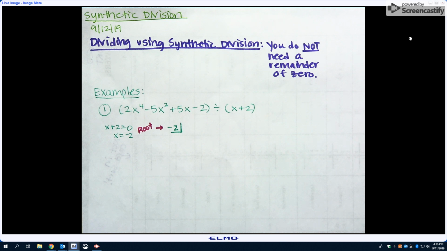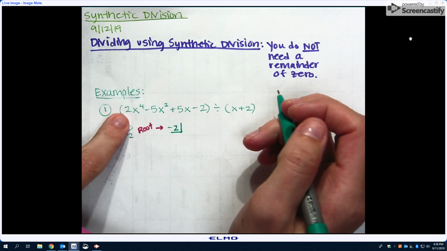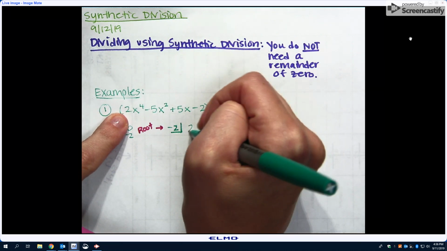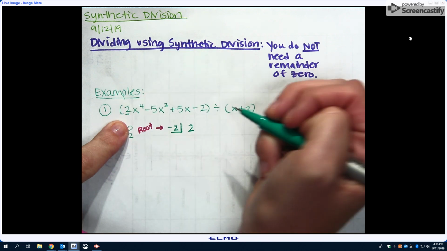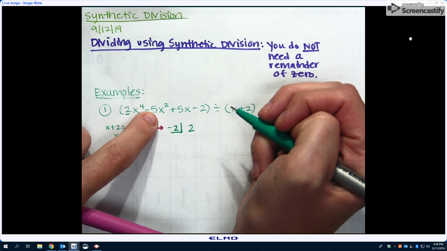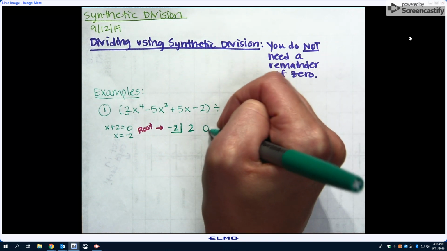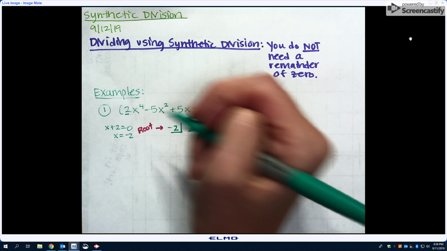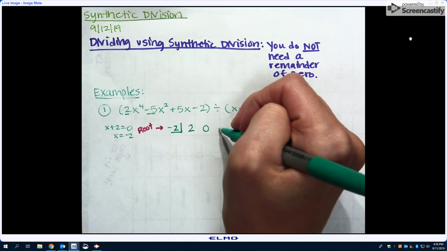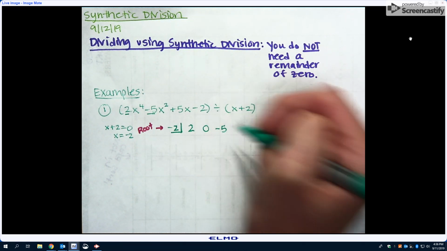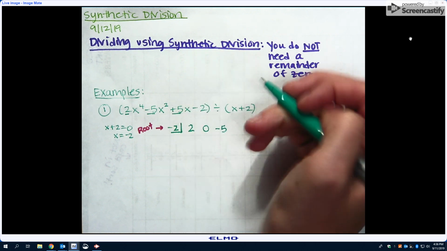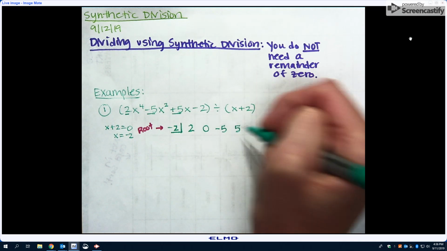Then the top row in line with your root after that box are going to be your coefficients. So my coefficients, let's see, I have a 2 in front of my x to the 4th. After x to the 4th should be an x cubed. Well, I don't see an x cubed there. So if you are missing a coefficient, we are going to put a 0 in its place. Then in front of x squared, I have a negative 5. Then in front of x, I have a positive 5.